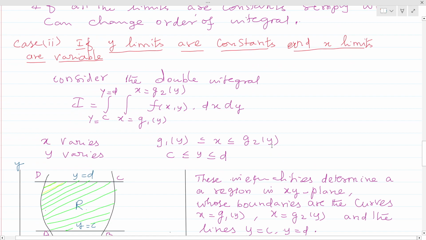Case 2: y limits are constants and x limits are variables. As I told, the inner integration limits may be variable or constant. So if the x limits are variable, that should be the inner integral.